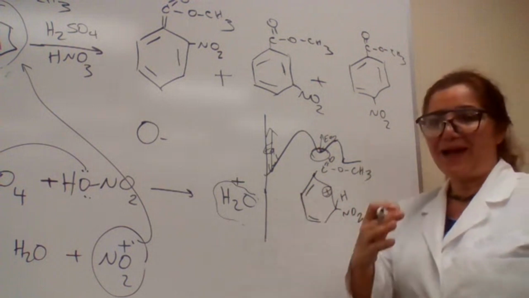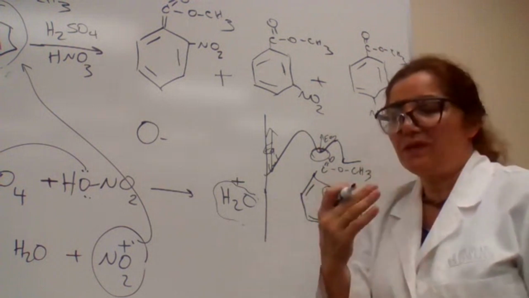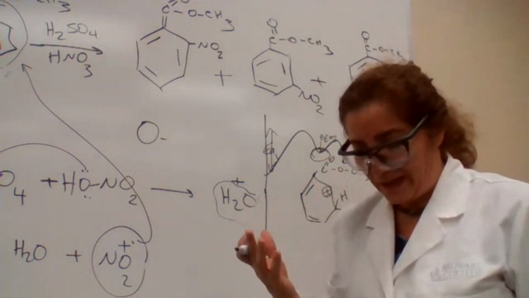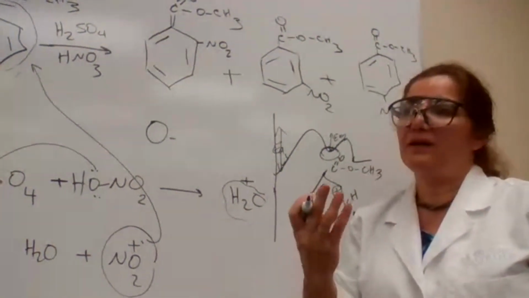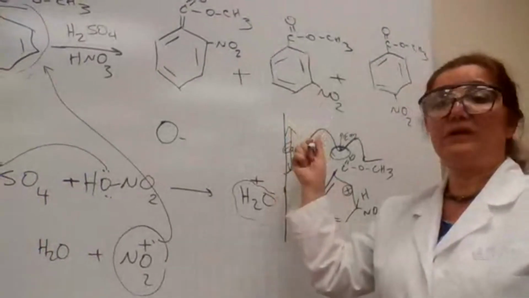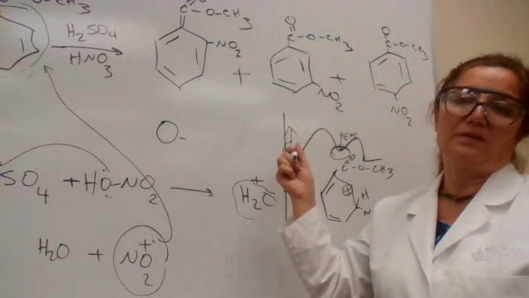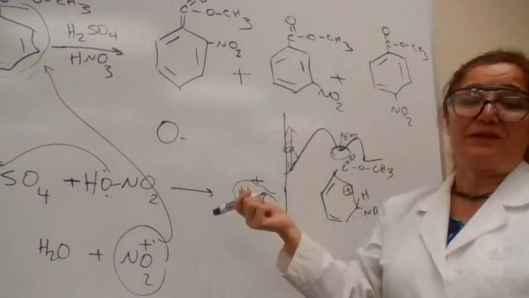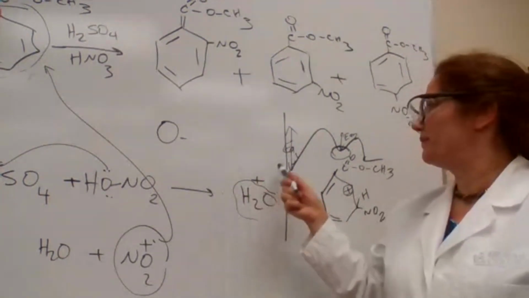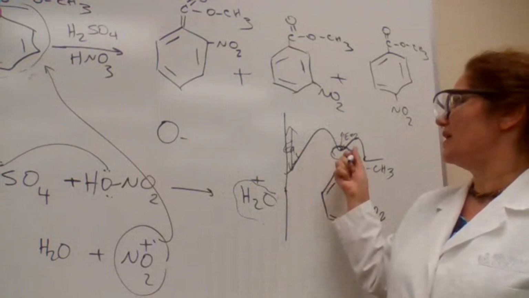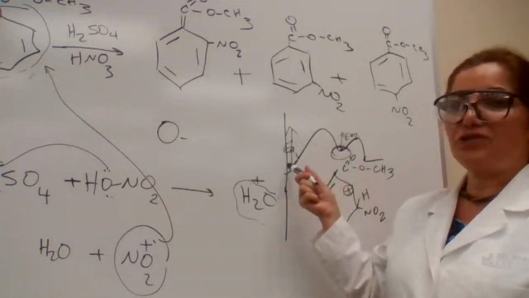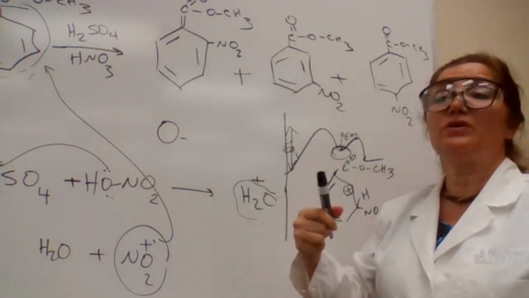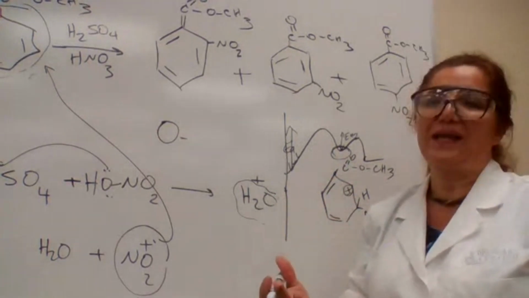So taking it back, this is a summary of something that you should know from lecture: a stable intermediate is going to yield the major product. A stable intermediate comes from a path on the energy diagram that requires less activation energy, or is going to require less of a delta H value.